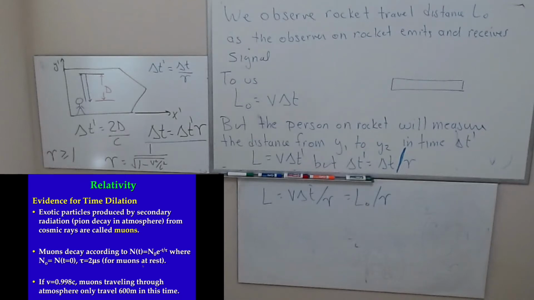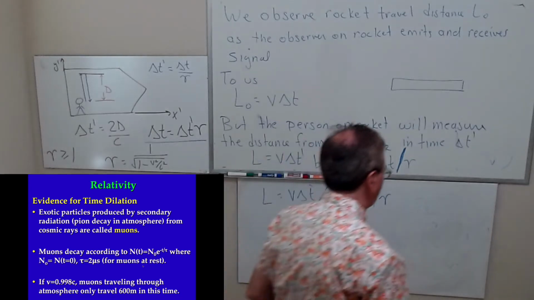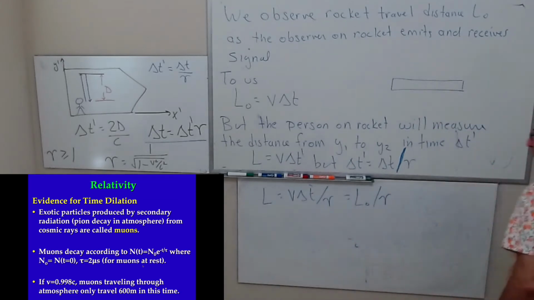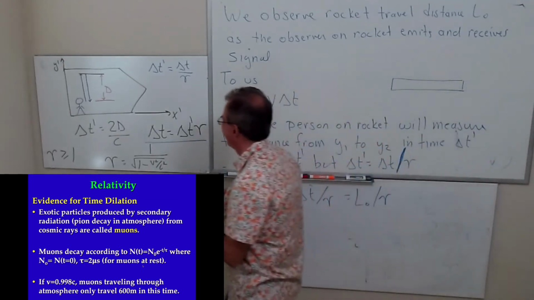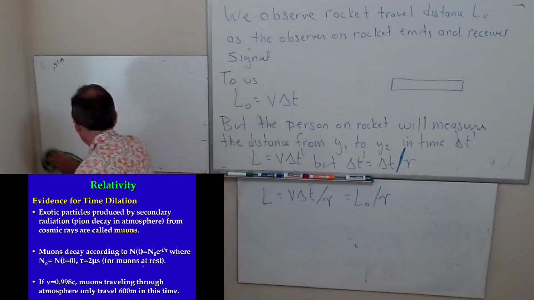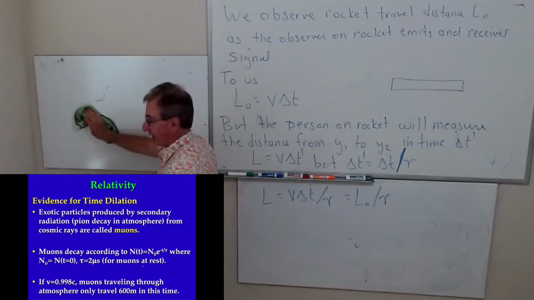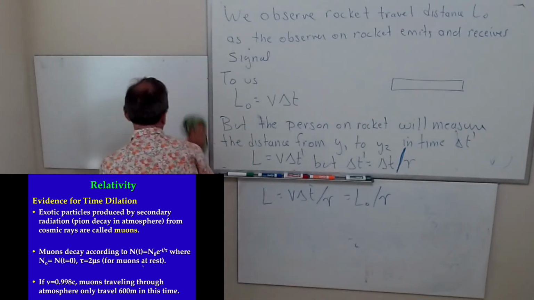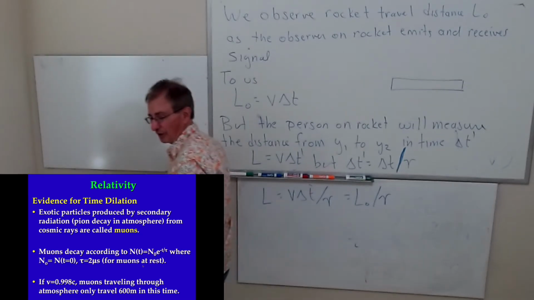So what I want to do is discuss an example where we observe time dilation, a real life example. Because people don't believe it. They think it's only in theory, whatever that means. And in physics, when you develop a theory, there's some experimental verification behind it.